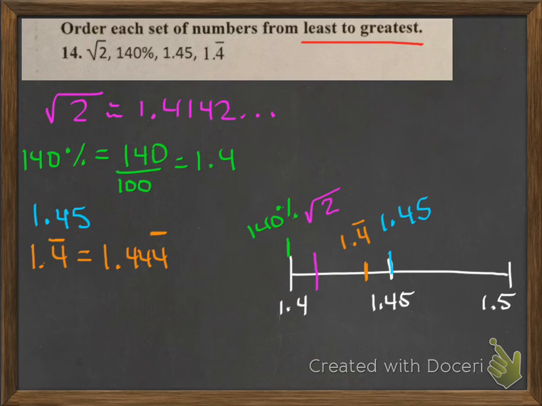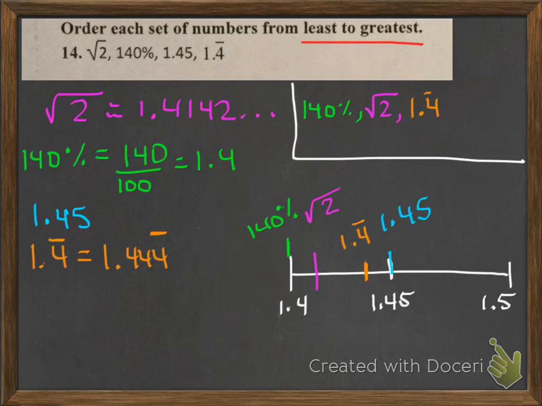So 1.44 would be just before the 1.45 mark. Okay? So now your final answer with the original numbers, make sure you're using the original numbers from the problem, not the converted ones, should be 140%, the square root of 2, 1.4 with the repeating sign, and 1.45.